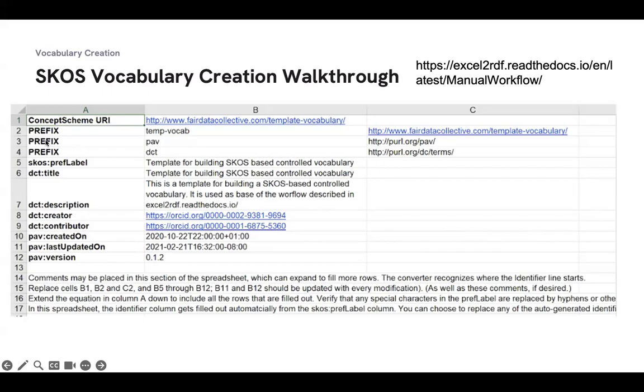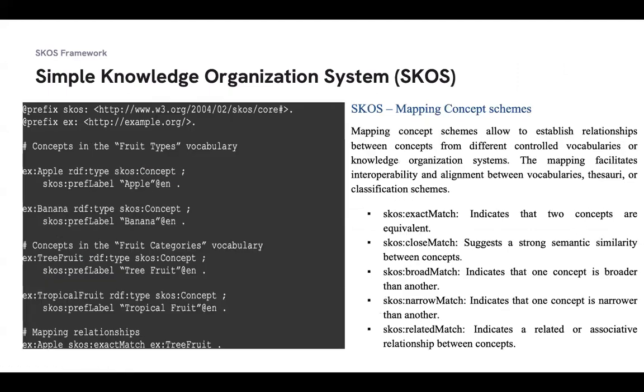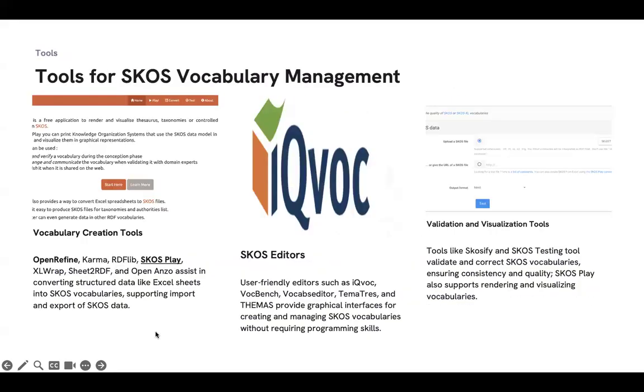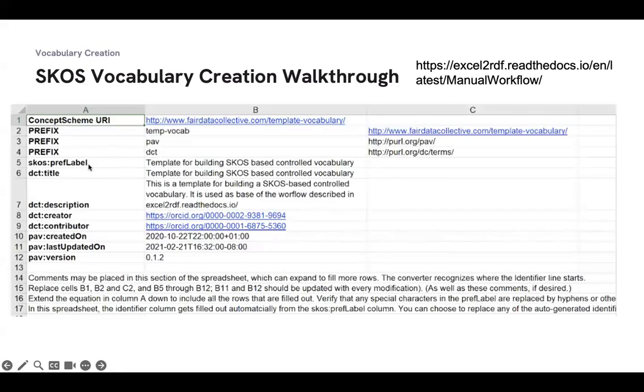So if you need to import and use, or like we showed earlier, where we map concepts, if you are mapping, you need to specify the prefix you are using. So that is that.